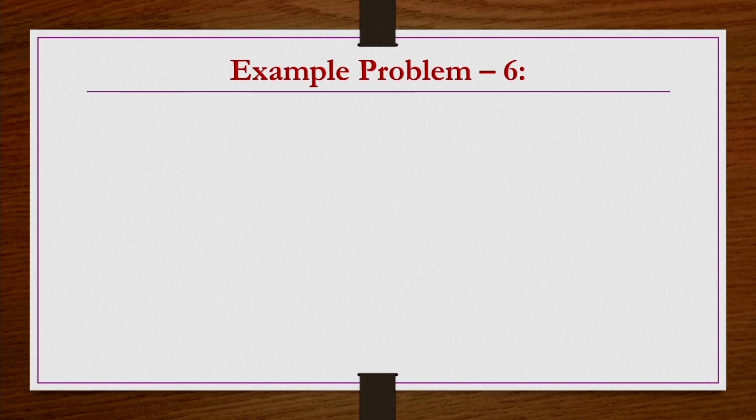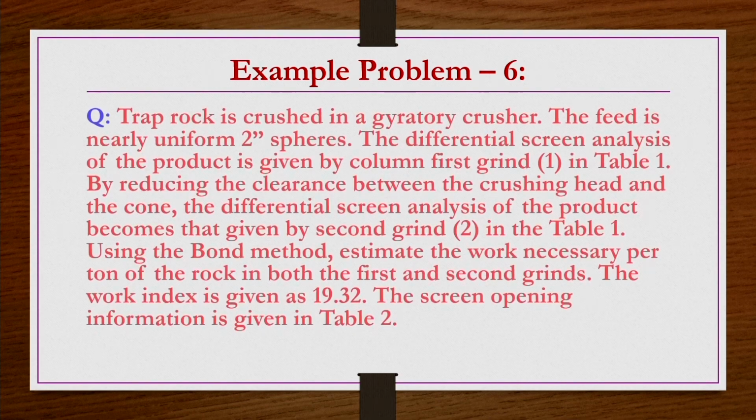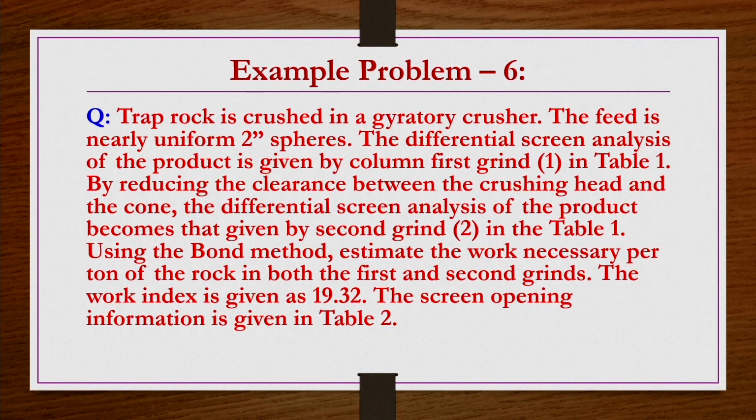Now, we take a last example problem where we can understand things much better. Here a trap rock is crushed in a gyratory crusher, the feed nearly uniform 2 inch spheres. The differential screen analysis of the product is given by grind 1 in table 1, which we will see in the next slide.